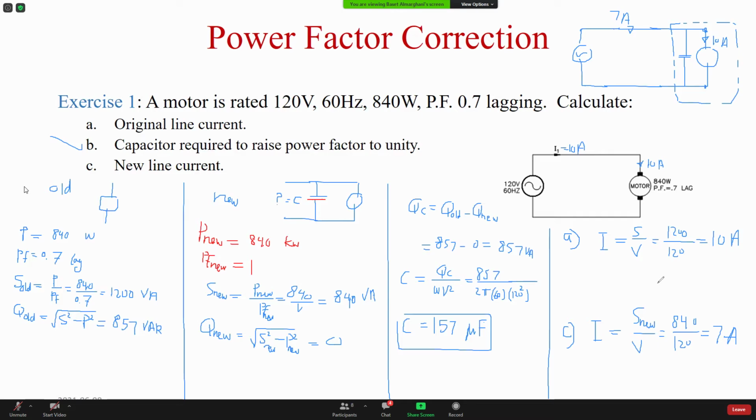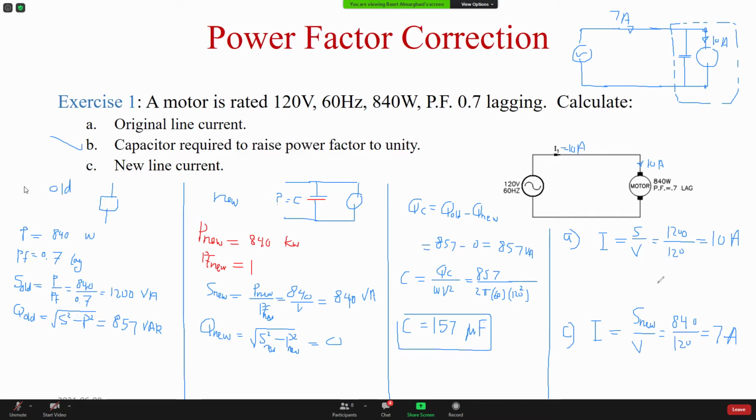Is this okay? The procedure of this is okay. Any questions?